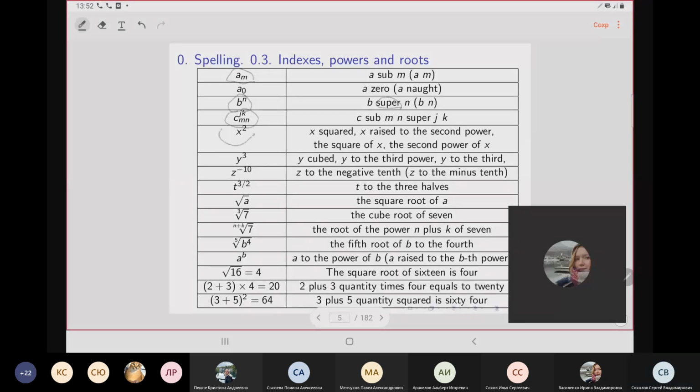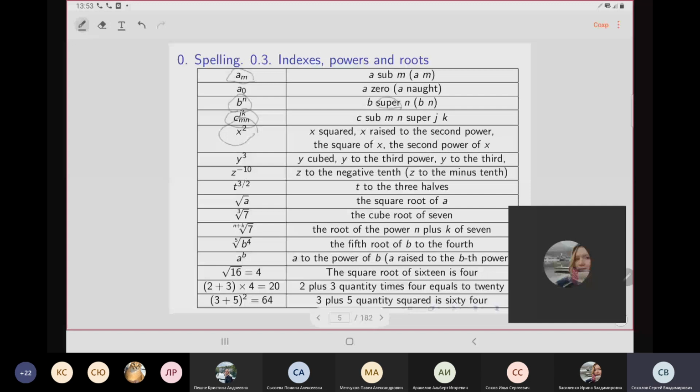Some powers: we say x squared or x raised to the second power, or the square of x, or the second power of x. y cubed, y to the third power, and so on. If we raise some number or variable to a negative power, we say z to the negative 10th, for example, or z to the minus 10th.